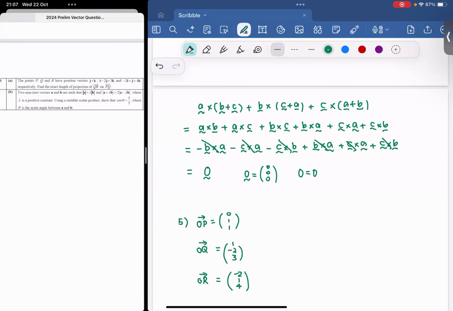Find the exact projection of QR, this is Q, this is R, onto PQ. Does it matter where PQ is? Actually doesn't matter. So this is the length of projection.